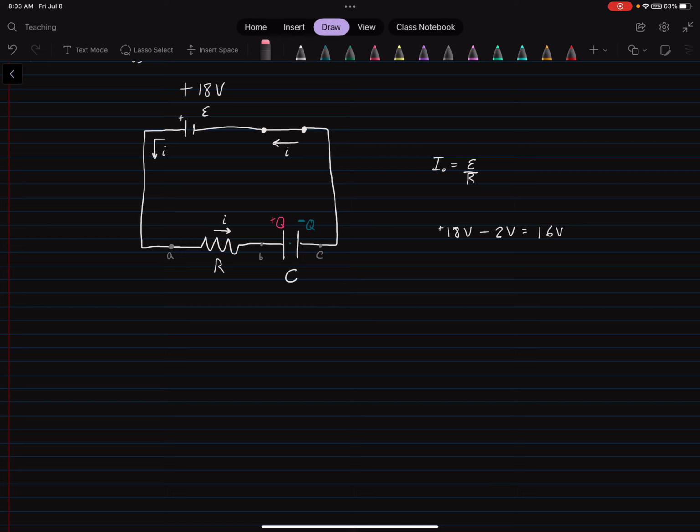And you wait 30 more seconds or so, and maybe this capacitor is charged up to a negative 16 volts. And so then the net voltage would be a positive 18 from the original EMF source, minus 16 volts, which would be a positive 2 volts, right? So far less.